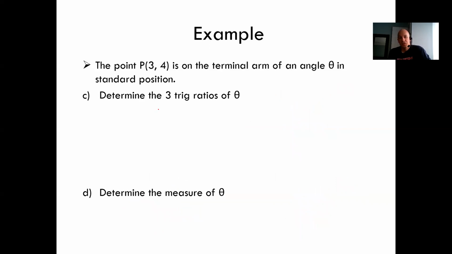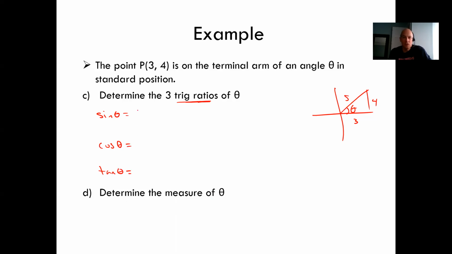Okay, C says determine the 3 trig ratios of theta. So what we formed in the last slide here, we have 3, 4, this is 5, and here's our angle. So the 3 trig ratios, notice we're being asked for the trig ratios, not the angle itself. The angle itself is coming up in D. So we'd say sine theta, cos theta, and tan theta.